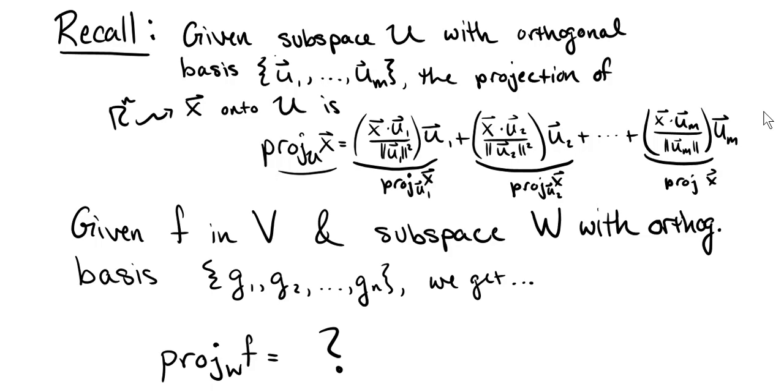To project X onto a subspace, all you have to do is project X onto each of the orthogonal basis vectors of that subspace. It can be any orthogonal basis, but you need to project onto each of them and add them all up. That's how you project a vector onto a subspace given an orthogonal basis.